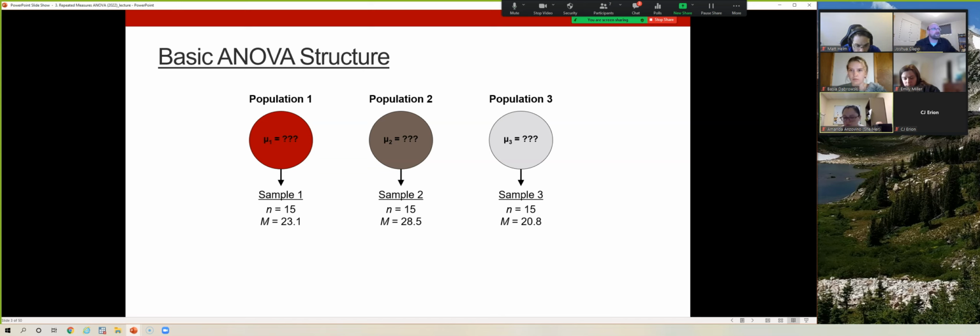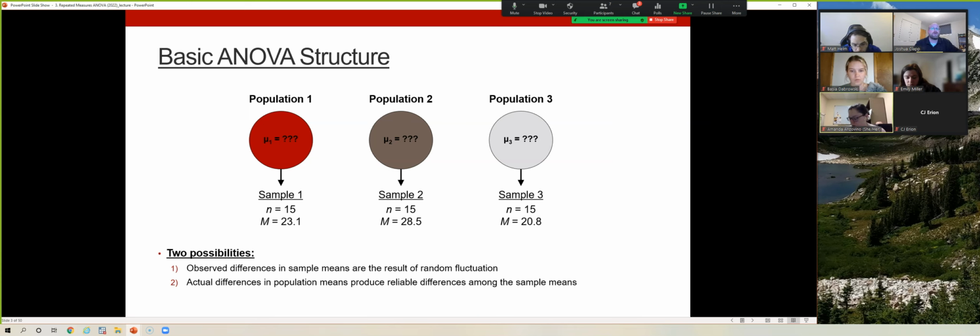If I measure whatever outcome I'm wanting to measure across each of those samples, I find that I get slightly different values for those mean scores, right? And so two possibilities here. I'm seeing the differences in these means because of just random sampling error.